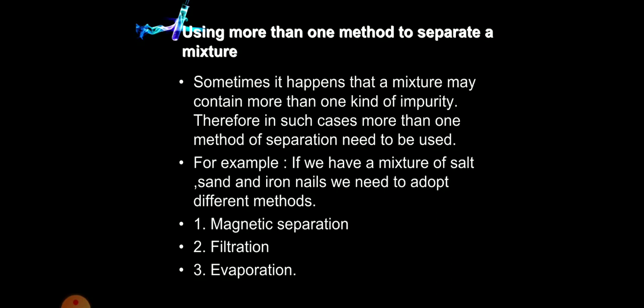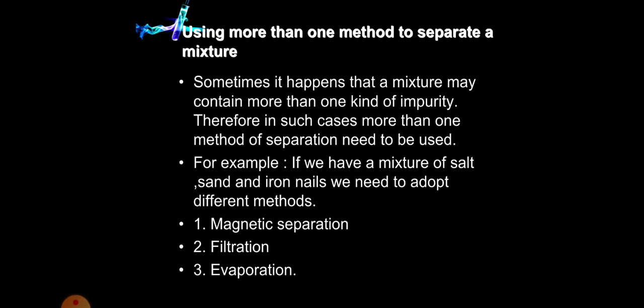In the same way, if we are trying an experiment of separating different things from each other, what methods are we going to use? For example, if we have a mixture of salt, sand and iron nails, we need to adopt different methods. We cannot use a single method for separating them.